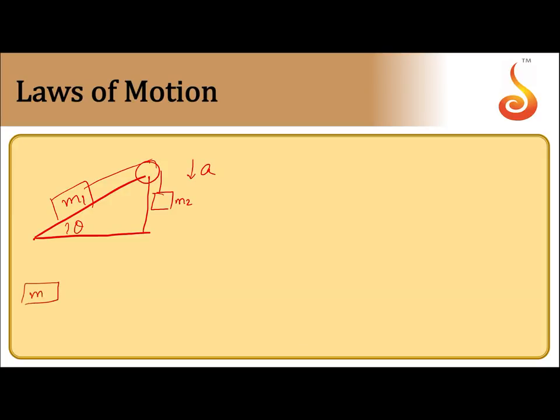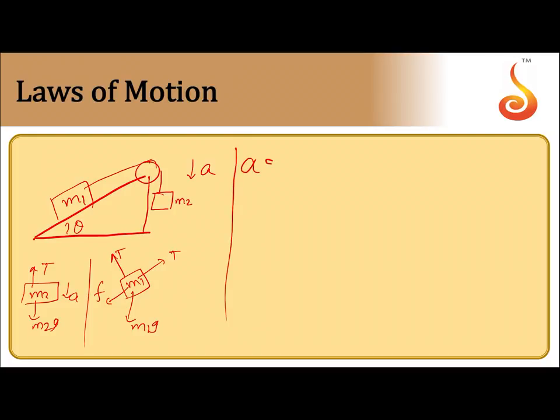On m2 we have m2g, T and accelerates down. On m1, what are all the forces? m1g vertically down, normal reaction along this direction, T in this direction, and force of friction in this direction. With that, we have the results here.